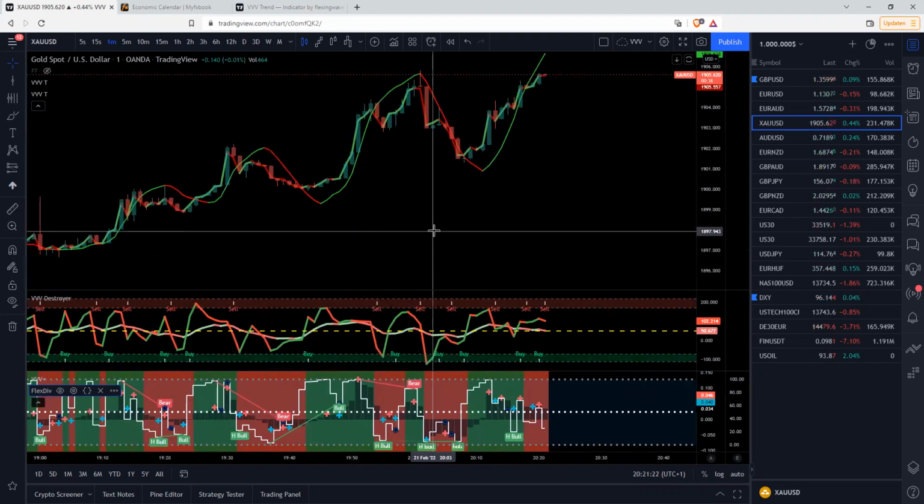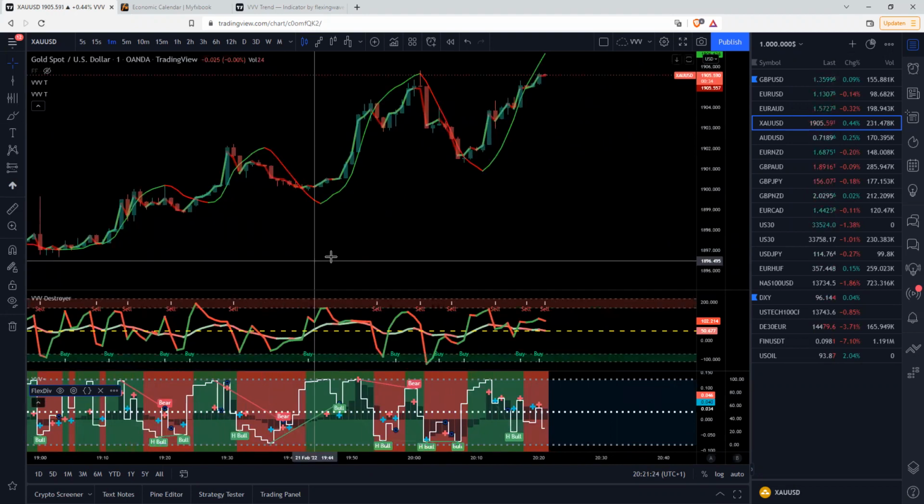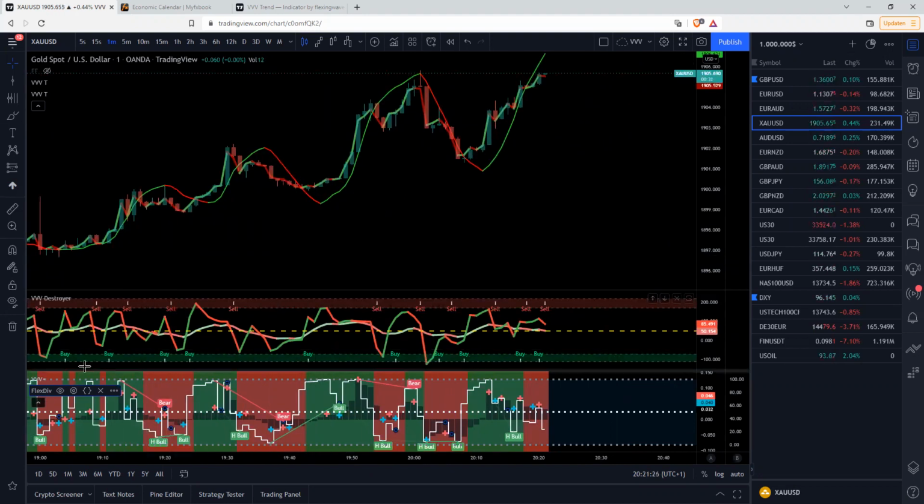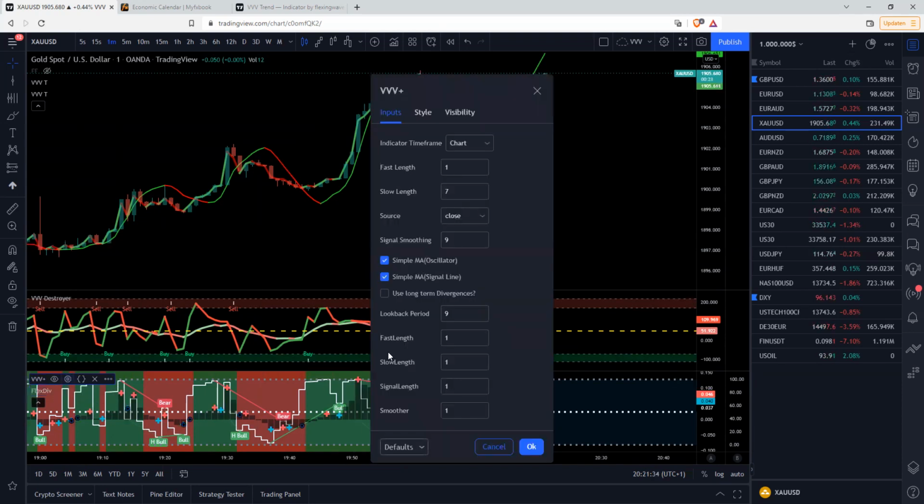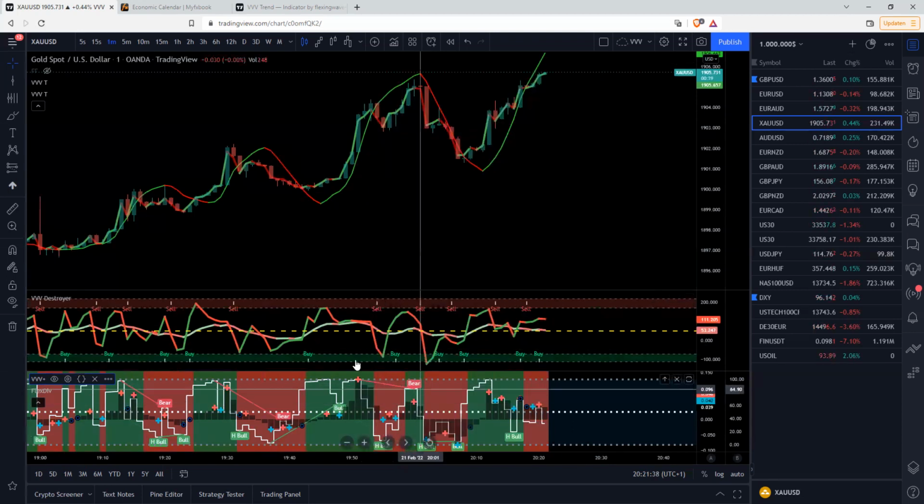Since the VV is added to the VV plot, the flex div is added to the VV plot for this one. It gives us a pretty good confirmation when you place it on. Like here, we are about the zero line, and we get a bullish signal on this sign.